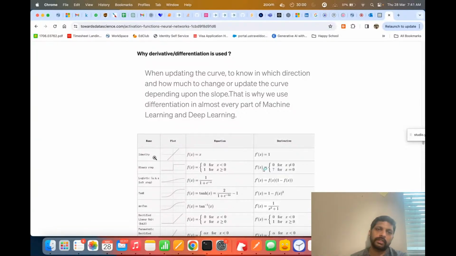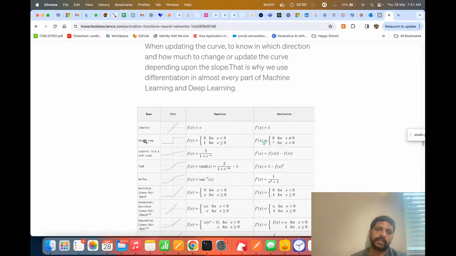So identity, f of x is x. Binary step is 0 or 1. Then logistic is 1 by 1 plus e power minus z. Tan h is 2 by 1 plus e power minus 2x, minus 1. Okay, something is wrong, is it? 2 by 1 plus e power minus 2x minus 1 is also possible.